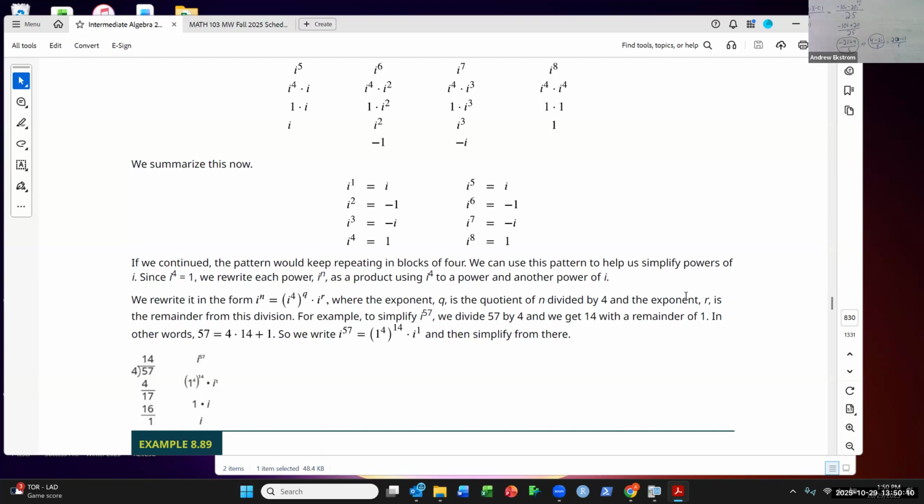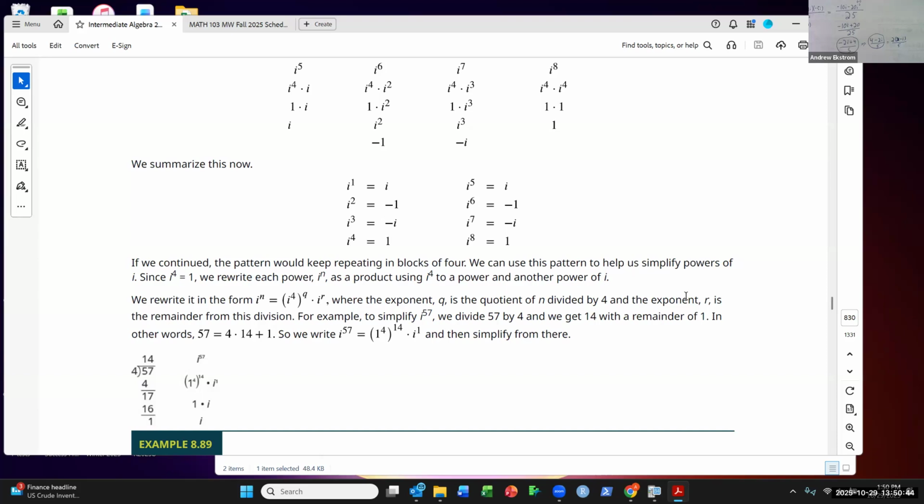So anyway, looking at what we have here, you can see when you raise i to all these different values what's going on. When you double those values, you get the same pattern going on. So more than likely, for a lot of the stuff that's coming up here, what you end up doing is looking at the power and you break the power down.